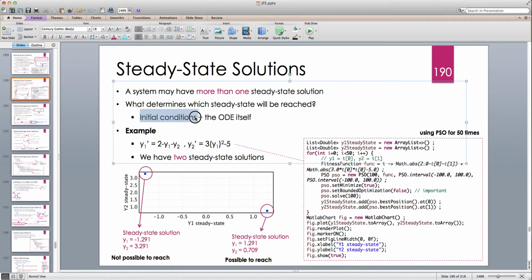And what determines which steady state will be reached by the system of equations? It's the combination of the ODE itself, how it behaves, like the stability analysis of the ODE, and also the initial conditions where the system starts to evolve from. All right, so the evolution of the system and the stability of the system itself. For example, if an ODE doesn't have any oscillatory solutions, and it always ends up with growing or decaying exponentials, there's definitely no steady state solution.